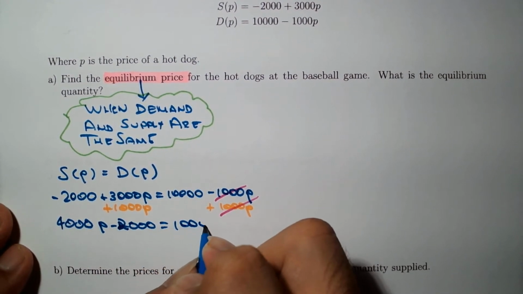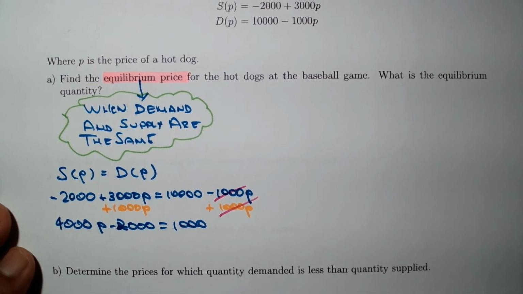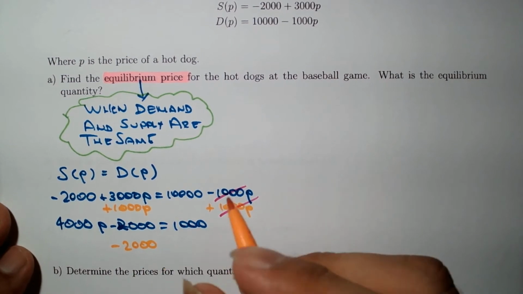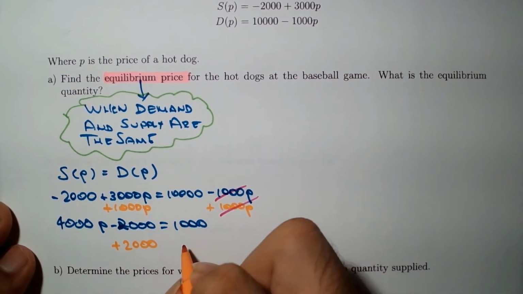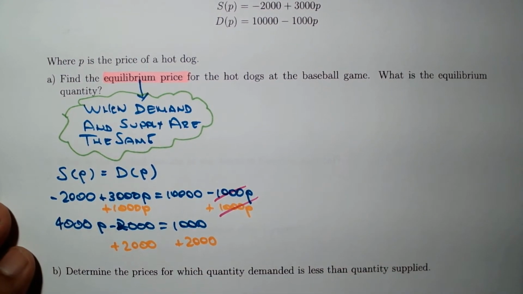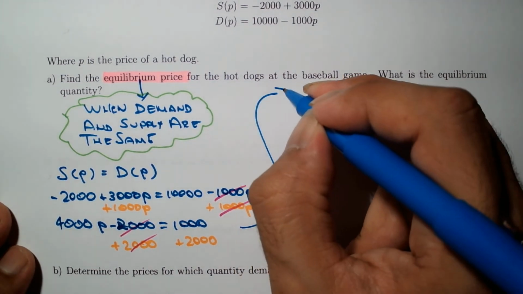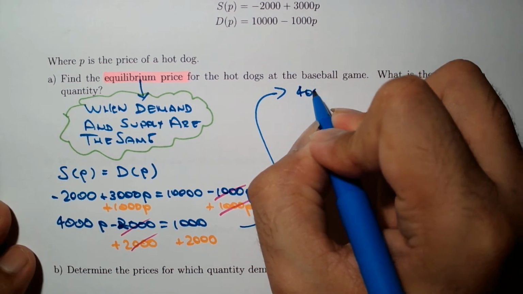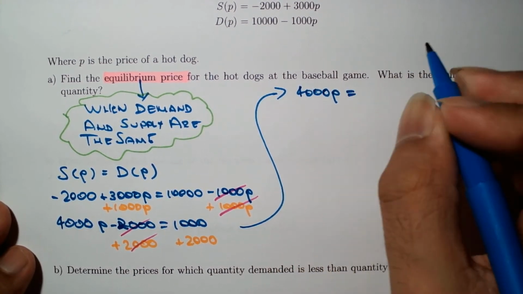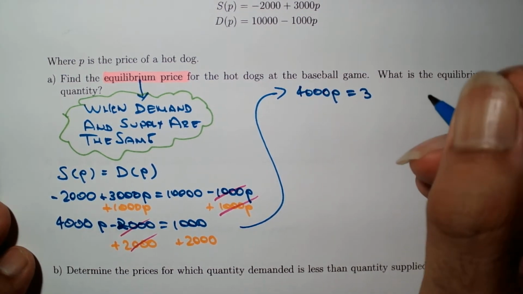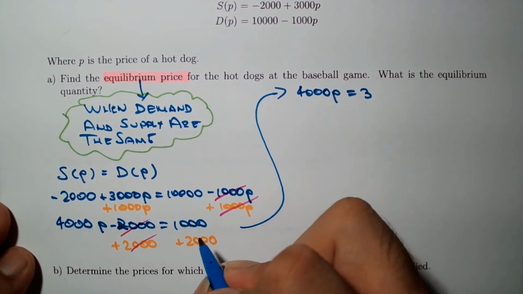equals 10,000. And then the next move is to add 2,000 to both sides to cancel this, and this will leave us with 4,000 P equals, this is actually 10,000.